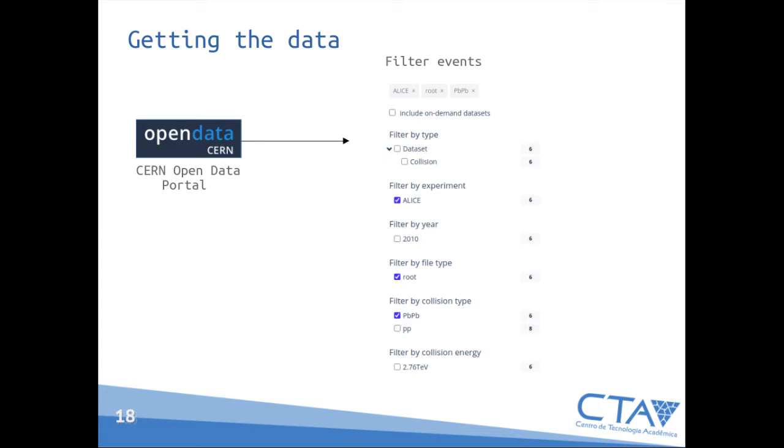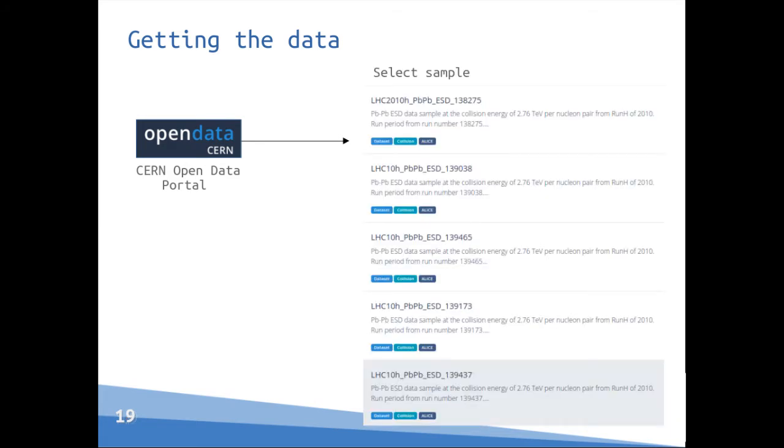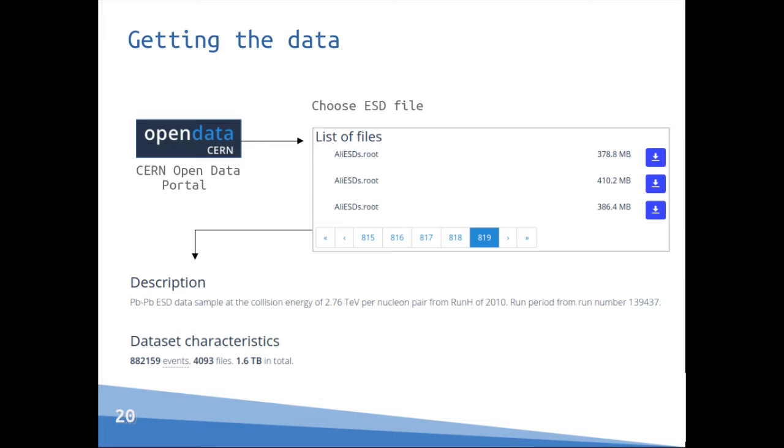Once a filter is applied, the user must select a given sample of files. In the case of the Alice experiment data, the available files have a .root extension. They are called the Event Summary Data Files, or simply ESDs. Each sample contains an enormous list of ESDs from which the user can choose, and each of them holds information about several particle collision events.